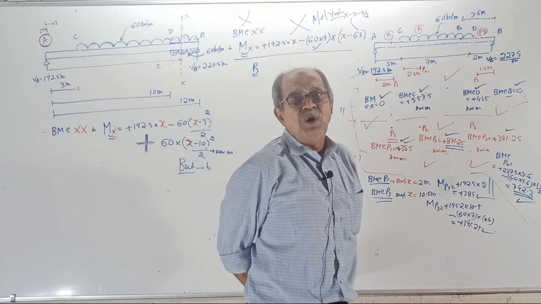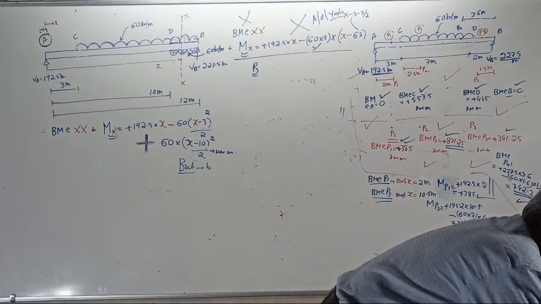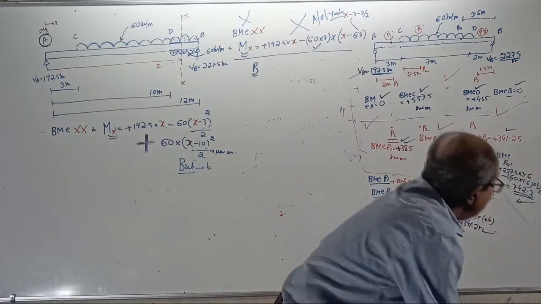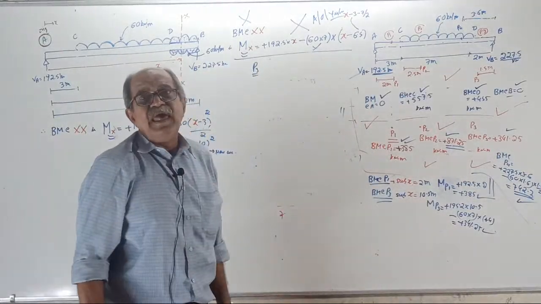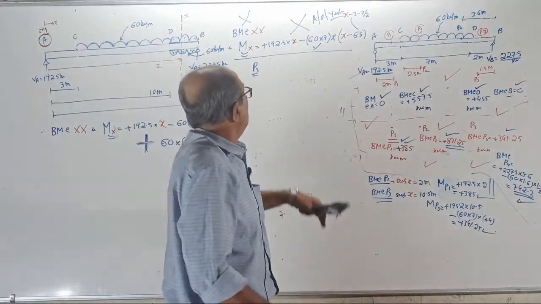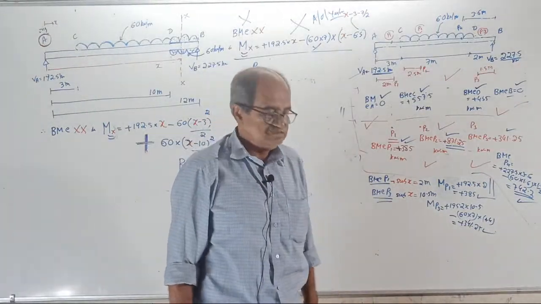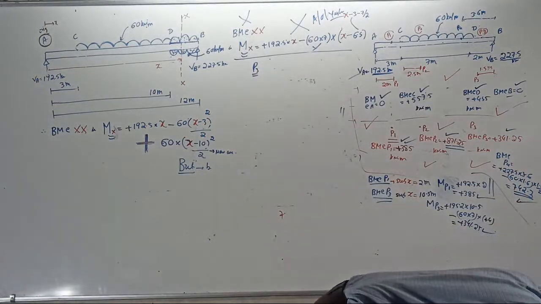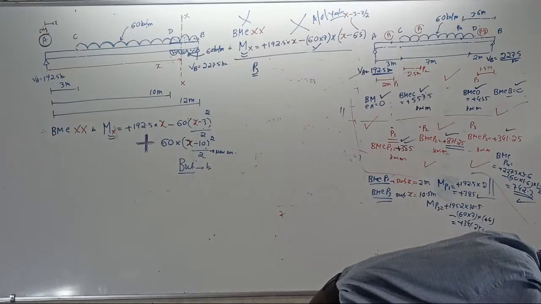It can't be parabolic. Looking at the original beam, the variation should be linear. If it is parabolic, then it is wrong. If you use a parabolic equation for a linear variation, it is wrong. Yes or no? You cannot use parabolic for linear.